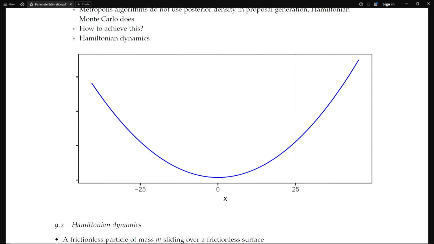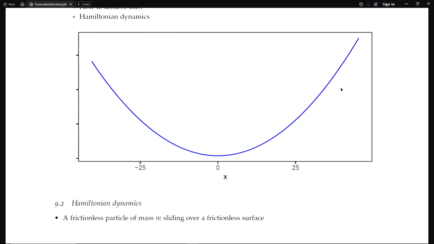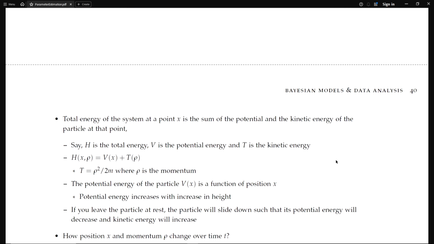If you think of the x axis as parameter space, these are parameter values, and the y axis denotes the negative log of likelihood and prior. Corresponding to any position, you can calculate the negative log of likelihood times prior, and that is the height of the particle, which gives you the potential energy. So, you can always calculate the potential energy of the particle for any position.